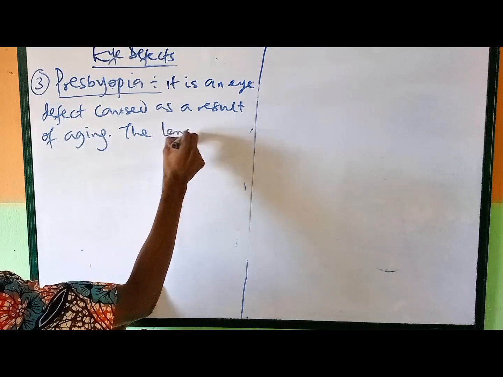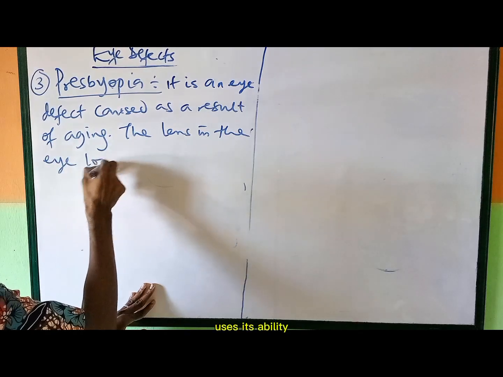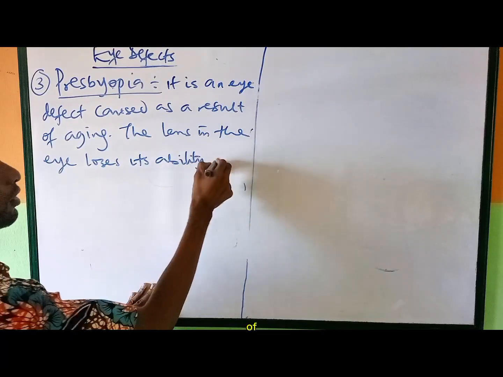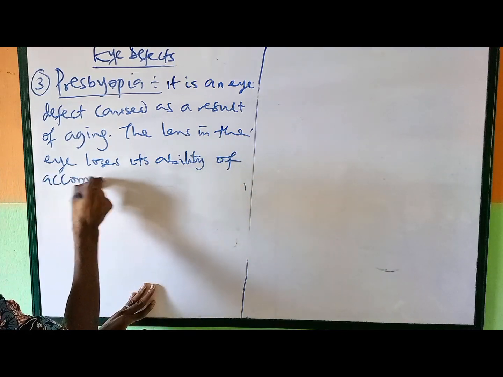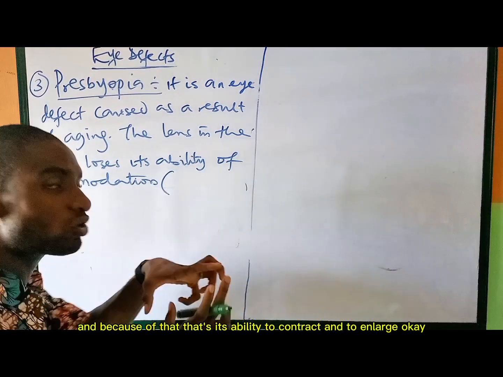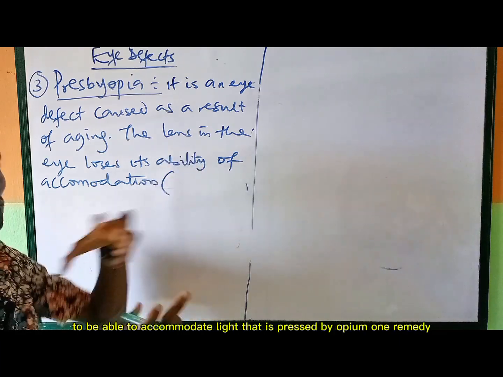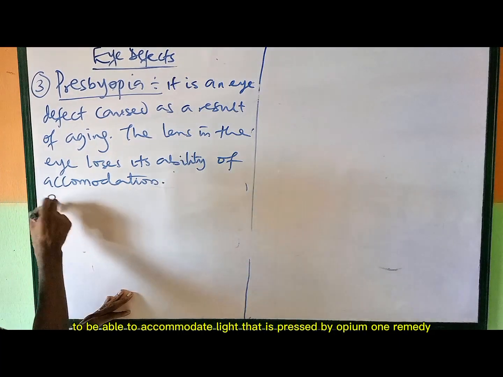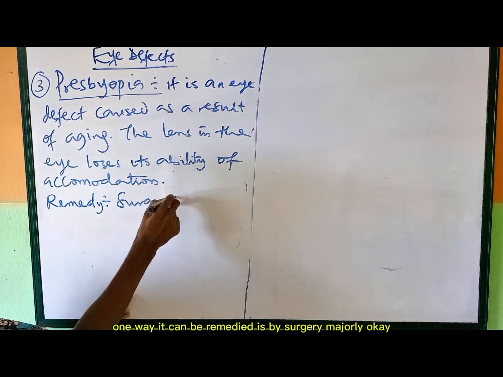The lens in the eye loses its ability of accommodation, its ability to contract and to enlarge to be able to accommodate light. So that is presbyopia. One way it can be remedied is by surgery, majorly.